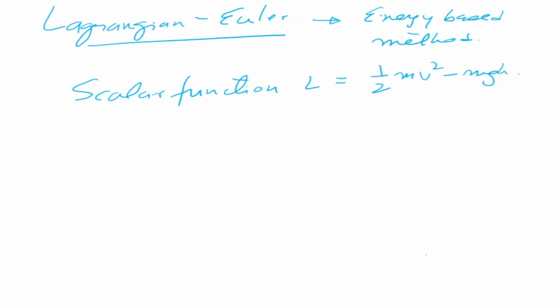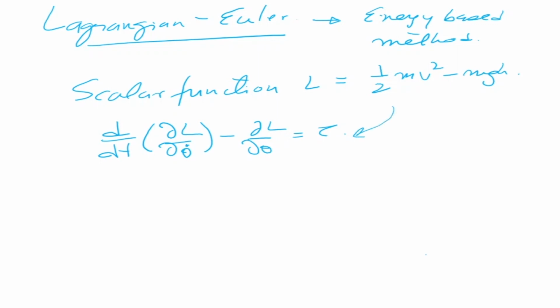Then we put it in this equation: d/dt of dL/d theta dot minus dL/d theta, which is equal to torque. So for all the links, we find the kinetic energy, then the potential energy, and then this Lagrangian scalar function L as the difference of the kinetic energy and potential energy, then use this equation to get the torque. That is the way the Lagrangian-Euler method works.